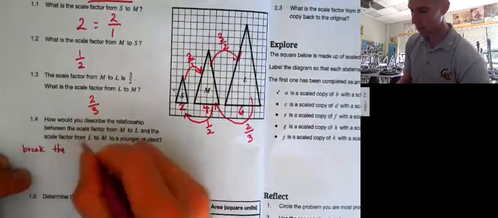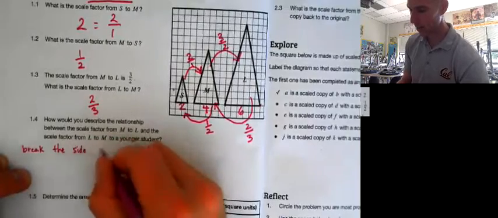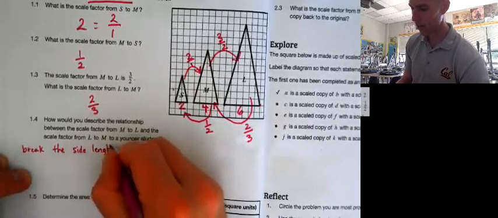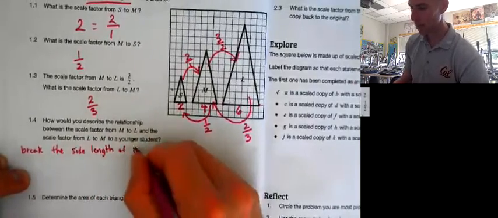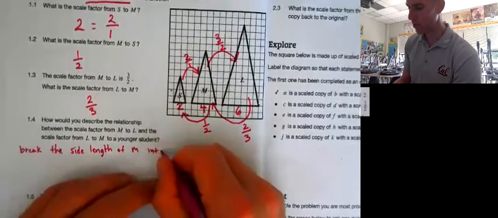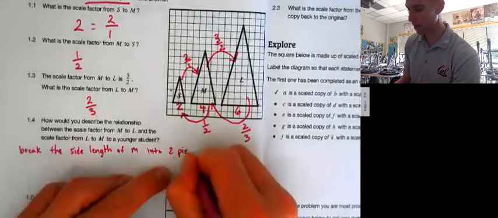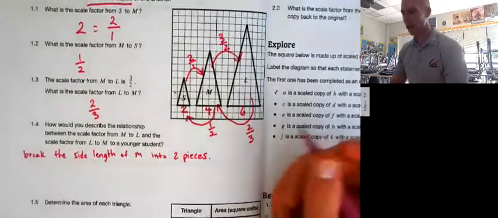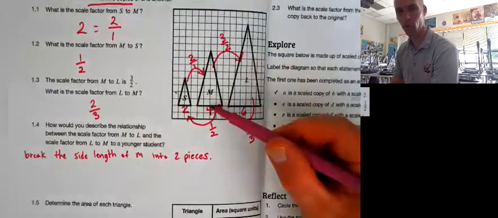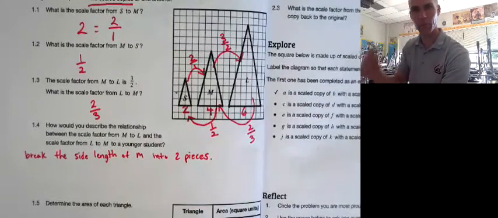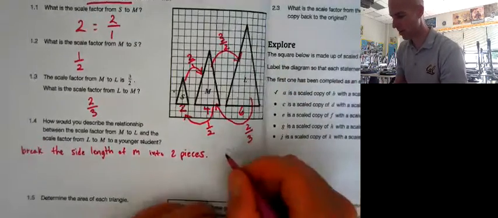The side length of M, you break into 2 equal size pieces, right? So the side length of M is 4. You break that into 2 pieces. Each piece is 2, right?